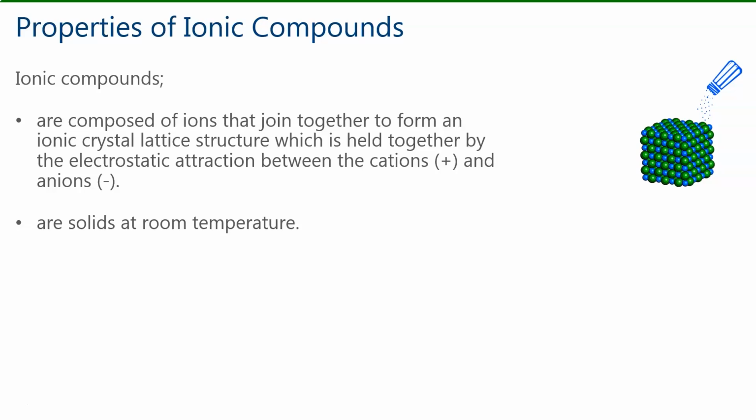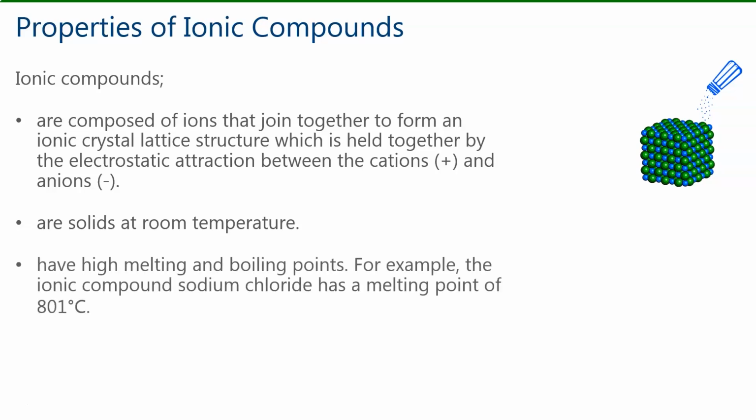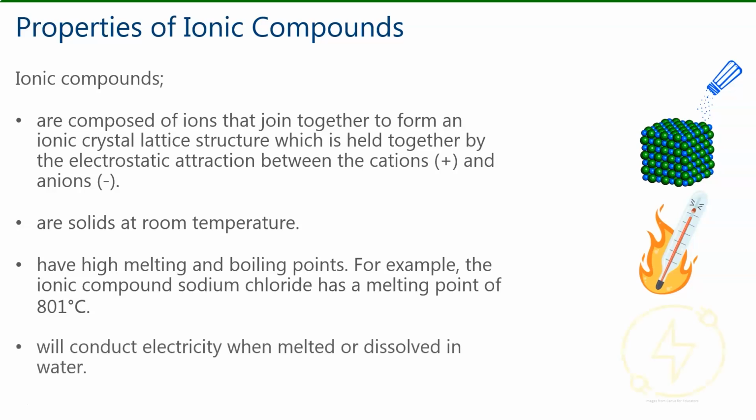For example, table salt, NaCl, is an ionic compound that is a solid at room temperature. They have high melting and boiling points. For example, the ionic compound sodium chloride, or table salt, has a melting point of 801 degrees Celsius. And they will conduct electricity when melted or dissolved in water.